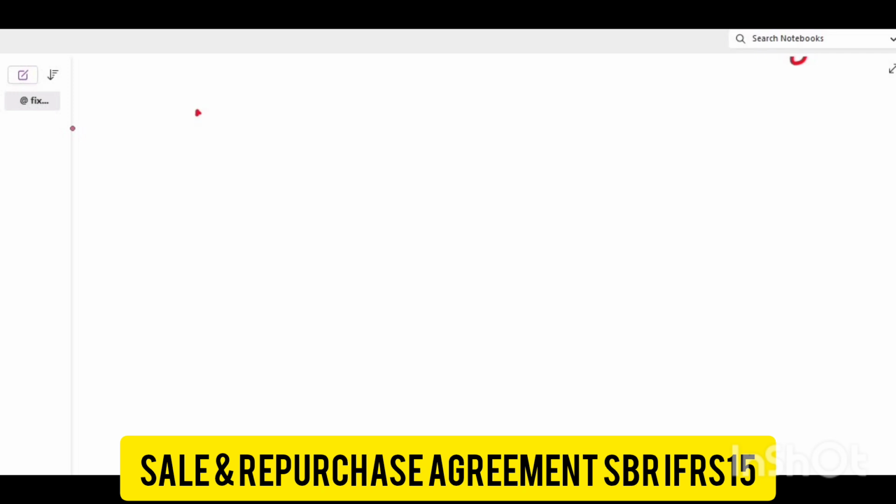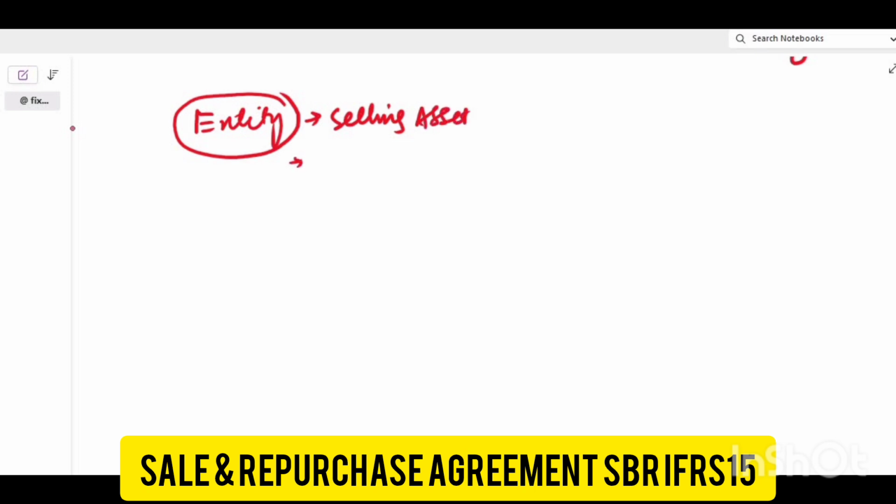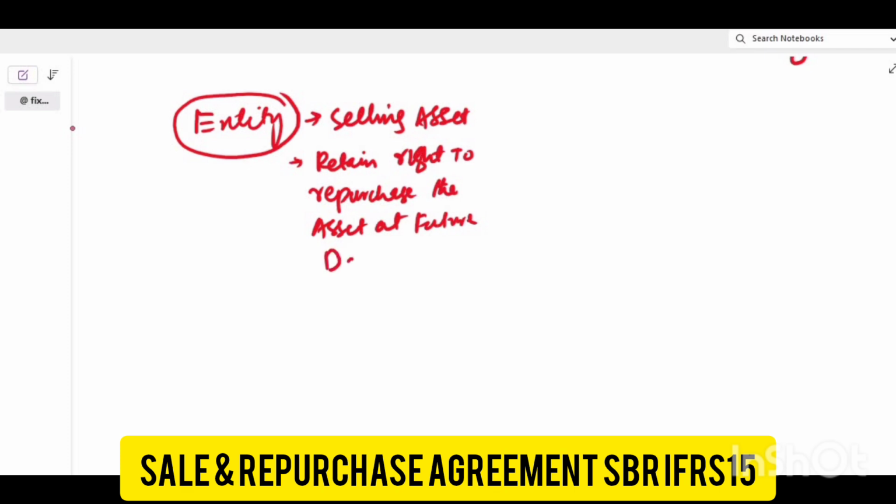Let's say here, this is the entity, and the entity is selling an asset, and this entity also retains the right to repurchase the same asset at a future date.